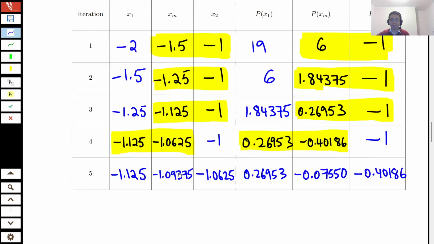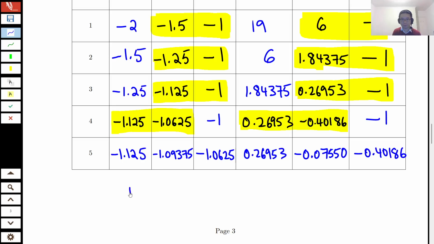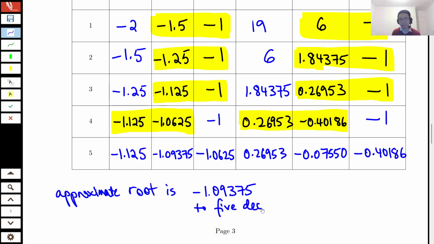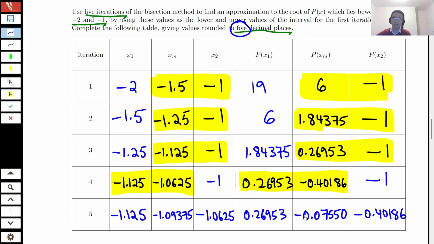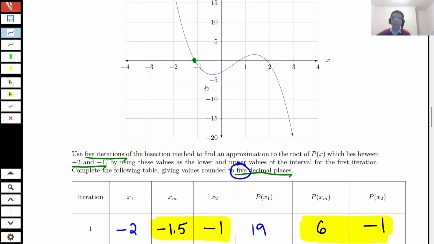Yeah, this value here is negative 1.09375 to 5 decimal places. It's approximately negative 1.1. And if you look at the scale of the graph, that looks about right. It's about 1/10 of the way between -1 and -2.